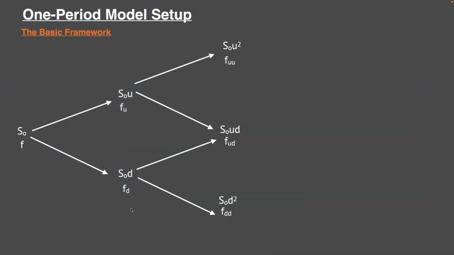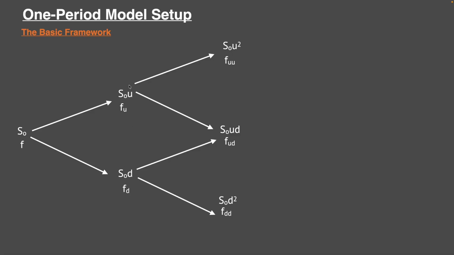Let us understand this with the help of this graphic. In the binomial tree model, understanding the graphics is very, very important. Here we start with the underlying price S0 and the option price F. After some period of time, the stock price may become S0 into U, where U is greater than 1, and the option price may become FU, or the price may move down to S0 into D, where D is less than 1, and the option price may become FD.